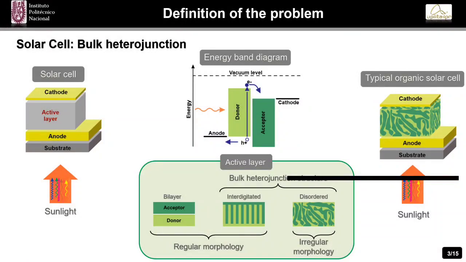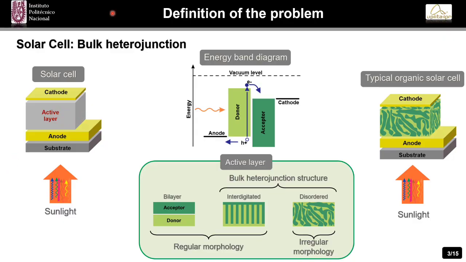Solar cells in general have a semiconductor between two electrodes, anode and cathode, where the solar energy or sunlight is converted into electrical energy. Organic photovoltaic cells are a type of solar cells that use organic semiconductors instead of traditional materials such as silicon in the active layer.